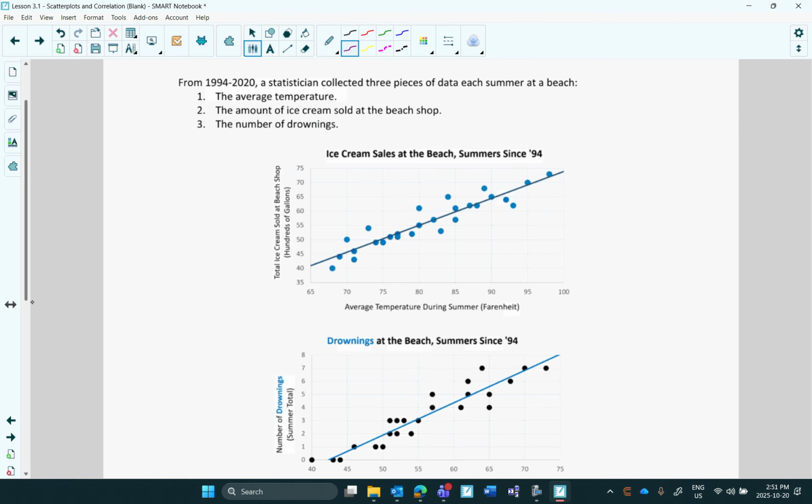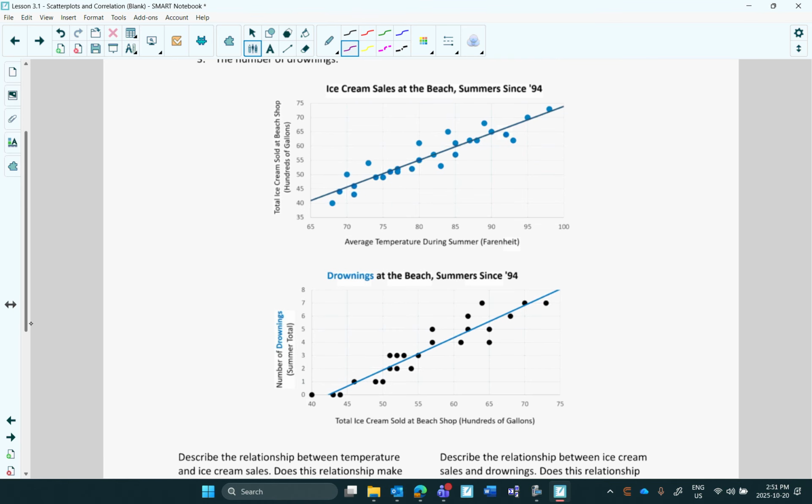The next 2 that were compared was the amount of ice cream sold and the number of drownings, which is sort of an odd 2 variables to compare, but anyway, we see that the relationship is positive, linear, moderate to moderately strong. Yeah, it's still pretty strong. Doesn't really look like there's any outliers.